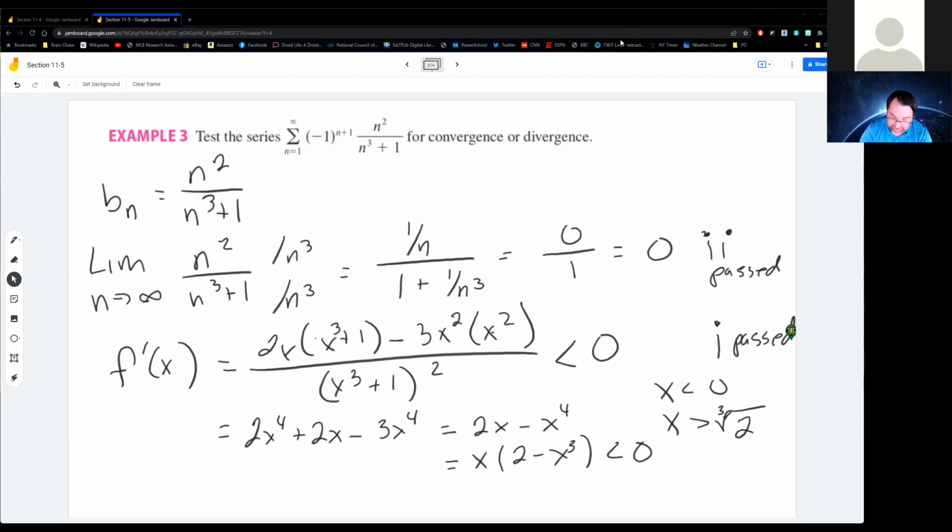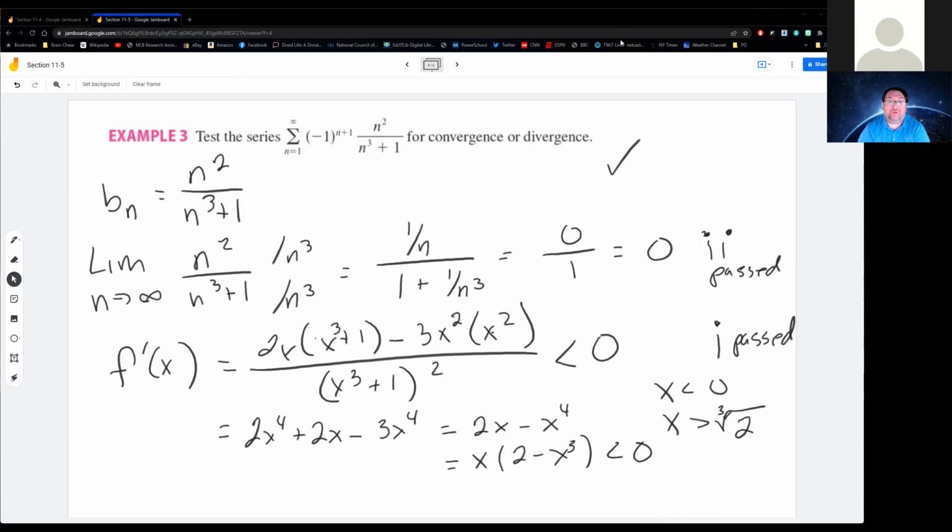Wait, Professor. So 2x squared plus 2x minus 3x to the fourth, then you have equals... Yeah, 2x minus x to the fourth. I don't know how you got from there for that. I just put the 2x to the fourth and the 3x to the fourth together. Oh God. Okay. Nice.